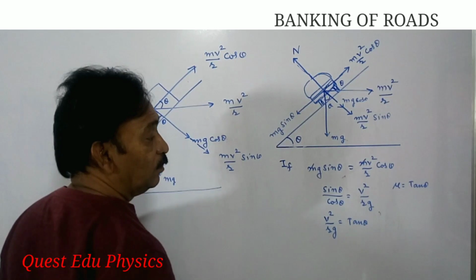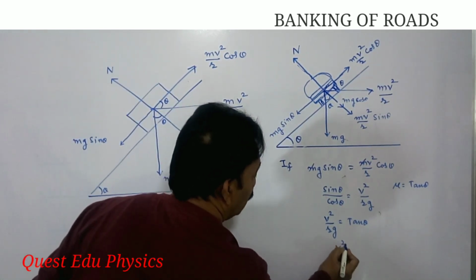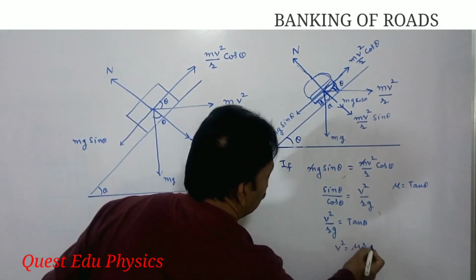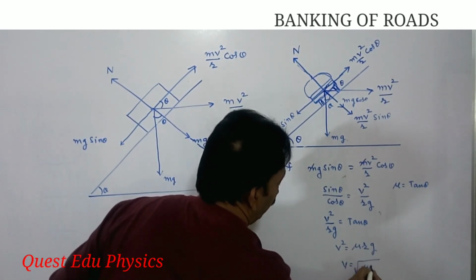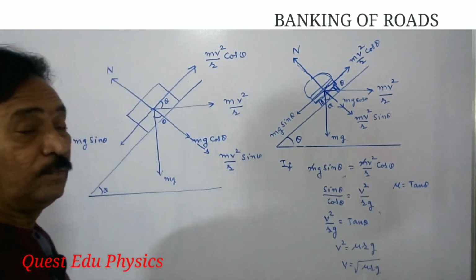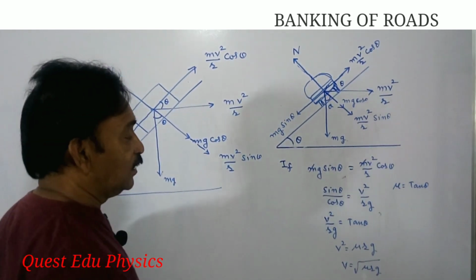That is, v² is equal to mu rg, or v is equal to the square root of mu rg. It is the safest velocity.